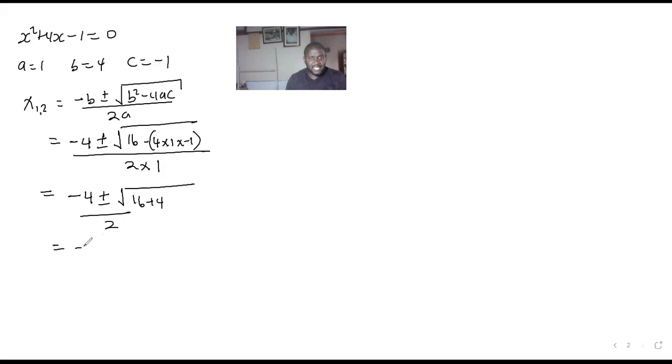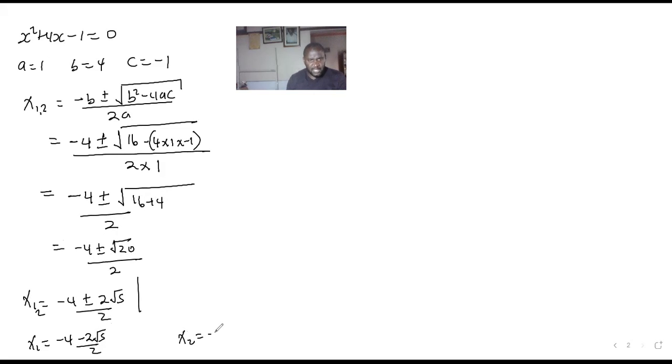We shall realize negative 4 plus or minus root of 20, all is over 2. So x is going to be negative 4 plus or minus 2 root of 5 over 2. And finally, x1 is going to be negative 4 minus 2 root 5 over 2. Then x2 will be negative 4 plus 2 root 5 over 2.